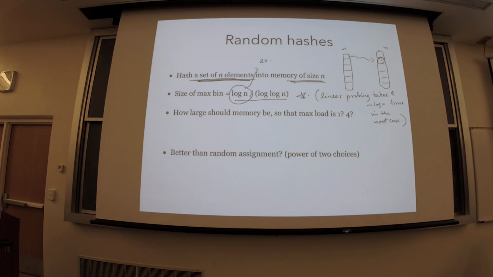In fact, this is a good exercise for you to do. If you want your max load to be something like 4, it turns out that you need a size of something like n to the 5 by 4. So if you have a memory of n to the 5 by 4, then almost no bin will have more than 4 elements.